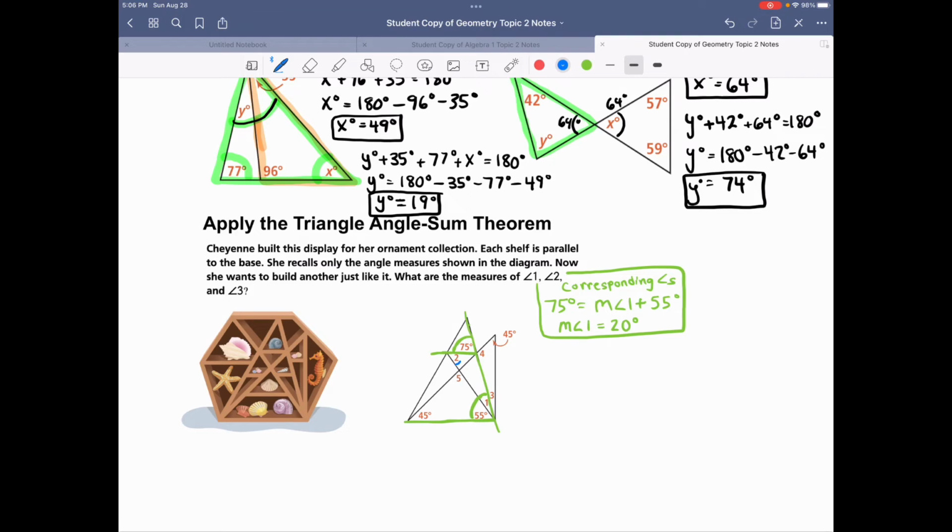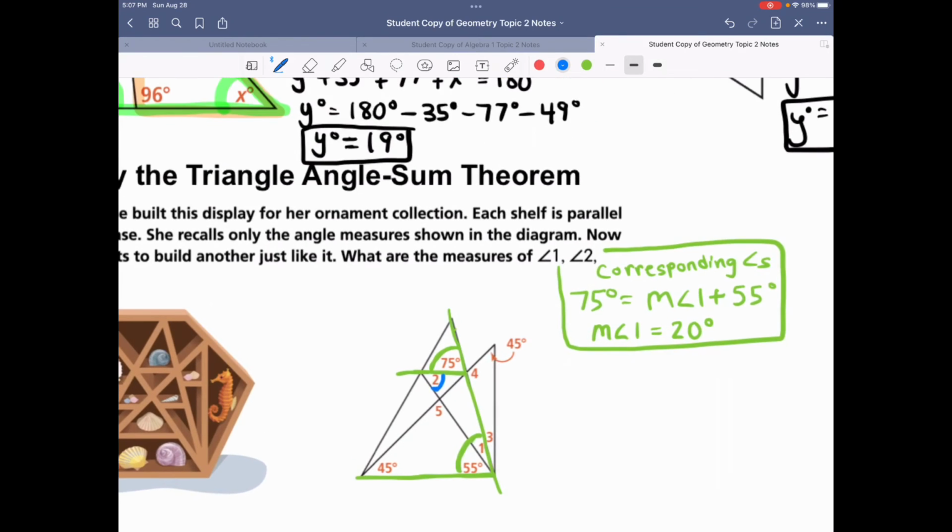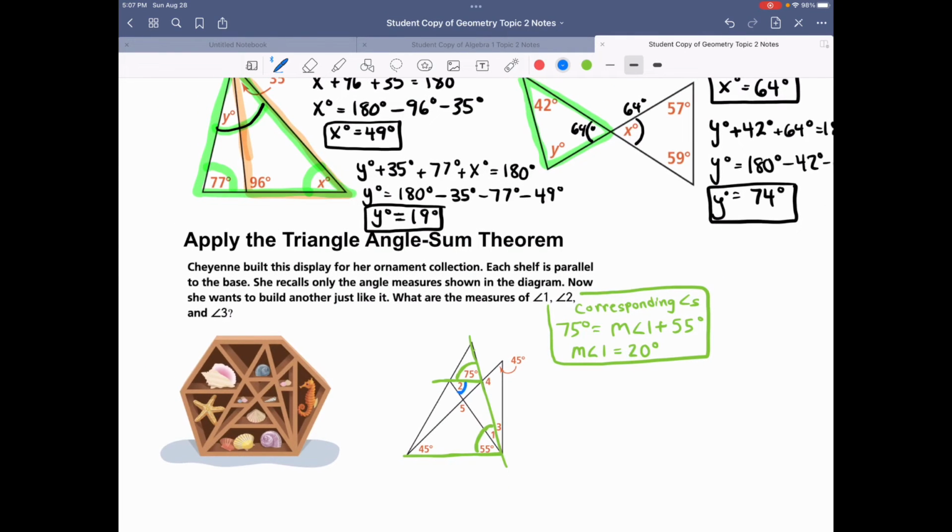So angle 2 is right here, and actually the measure of angle 1 and the measure of angle 2, when we put them together, it's going to equal 75.